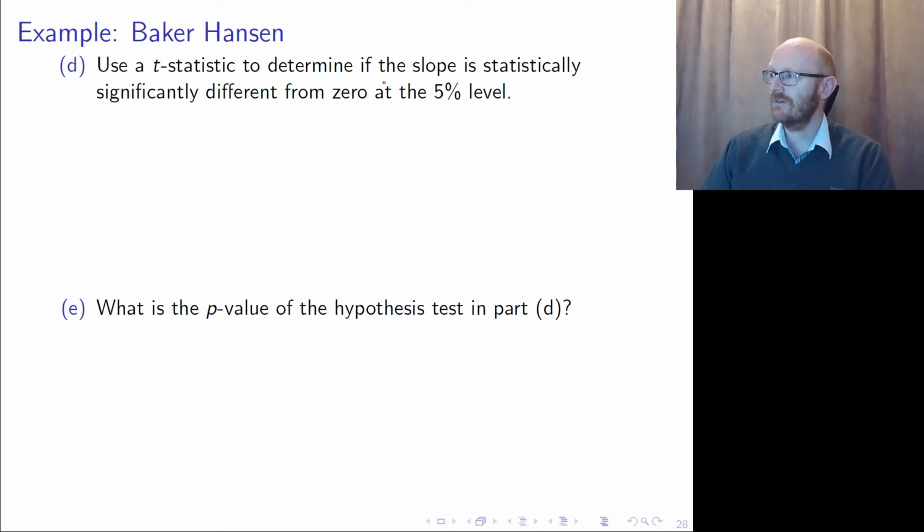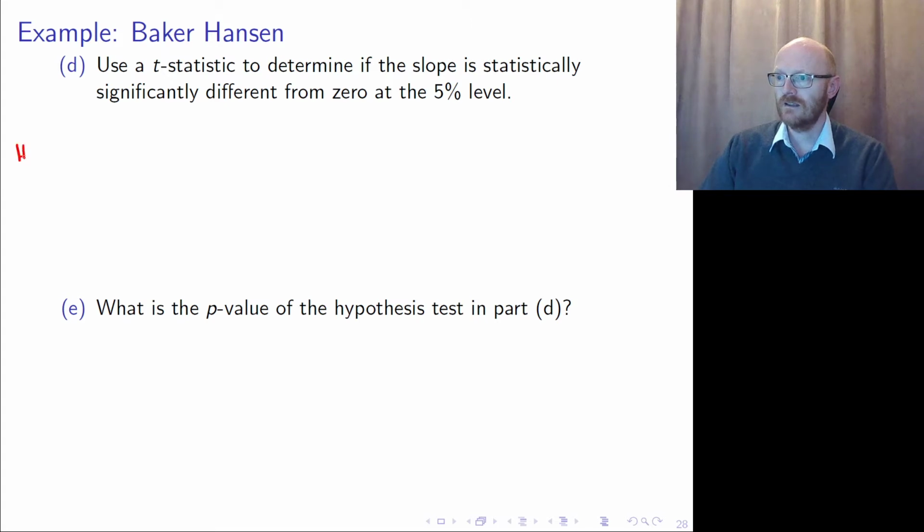determine if the slope is statistically significantly different from 0 at the 5% level. Okay, so for example, we want to look if it's different from 0, okay?